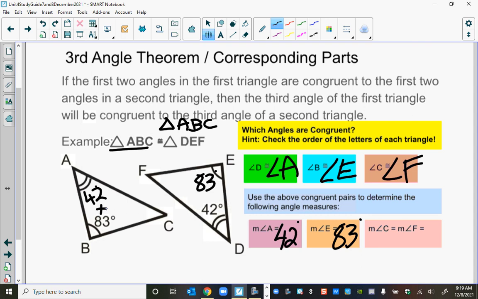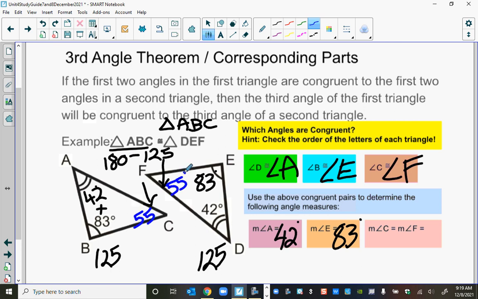That's why we have them. 125, in both cases. And then to get that last one, what do you have to do with the 125? Subtract from 180. It's going to be 180 minus 125, and that's going to give us 55. Very good. Great job, team. All right, questions?